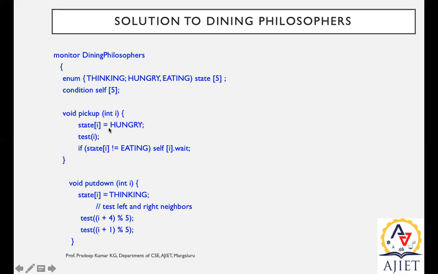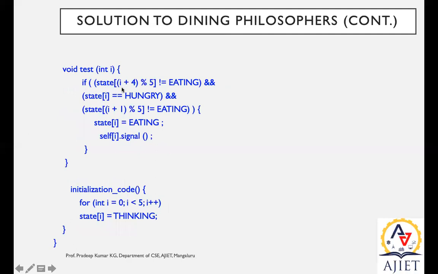Now, void pickup. Pickup is the first, according to the list; it is thinking, right? Then void pickup(int i): state[i] = hungry, and it moves to the hungry state. Then that scenario moves to the test. What do we have in the test?